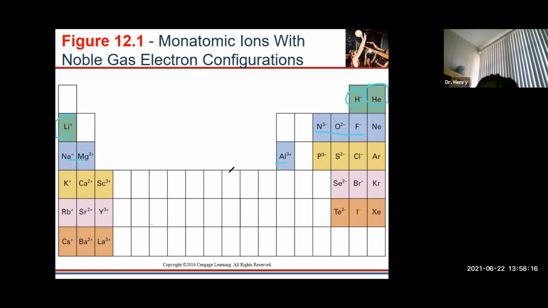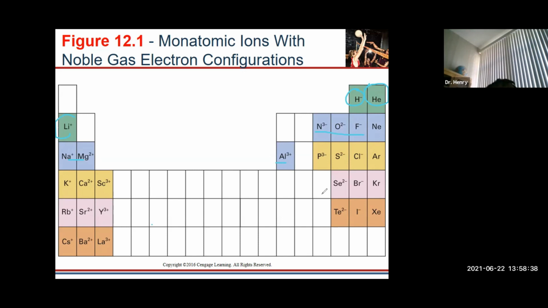These guys are isoelectronic to argon. That basically means they have the same number of electrons as that noble gas. Yes, Miss Inez, that is correct. The electron configuration will be exactly the same under those circumstances.